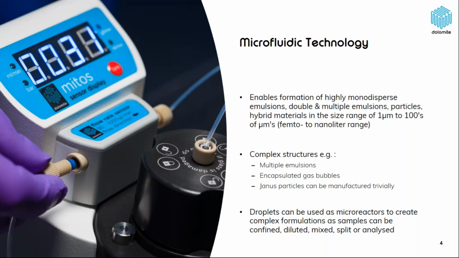A little bit about droplet microfluidic technology. Any continuous flow system is as good as the pump. Unlike other suppliers of microfluidic equipment, Dolomite uses pressure pumps. Within a pressure pump, you have a reservoir into which a liquid sample goes, and that sample is pushed through the system using pressure on top of it.